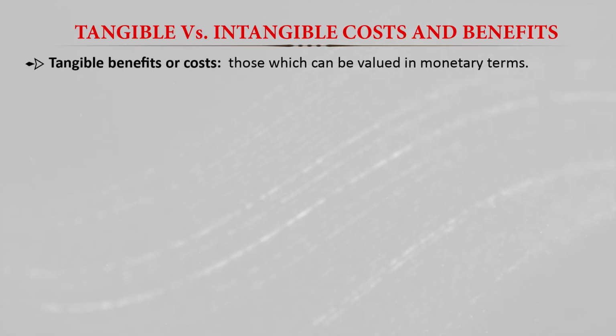So our focus today is on the tangible and intangible cost and benefit, and our major focus is basically on the tangible and intangible costs. So here we can define them.